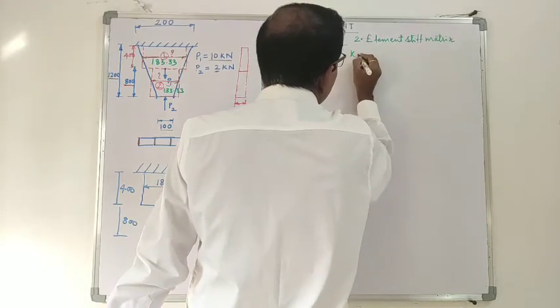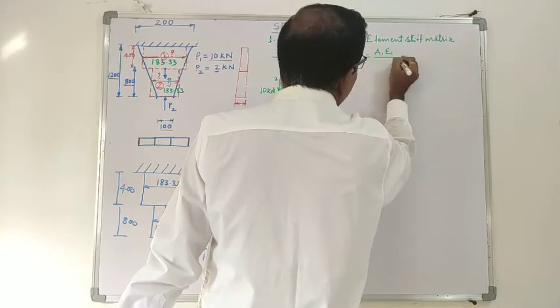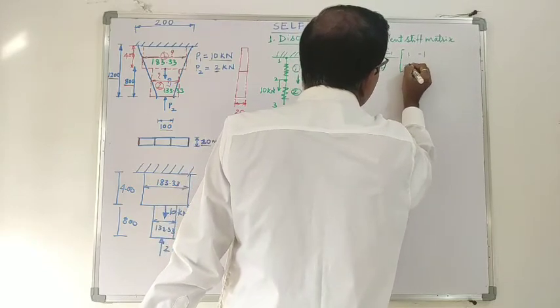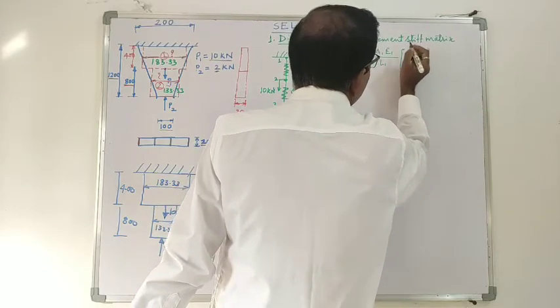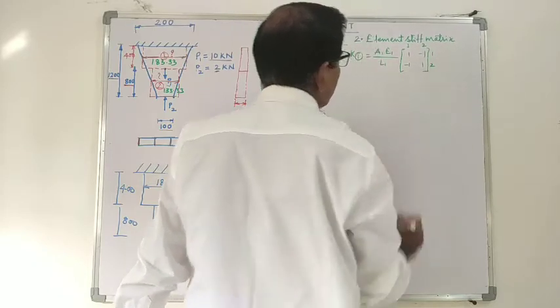So we calculate for K1. So K1 is equal to A1 E1 upon L1, 1 minus 1 minus 1 1, for node number 1, 2, 1, 2.